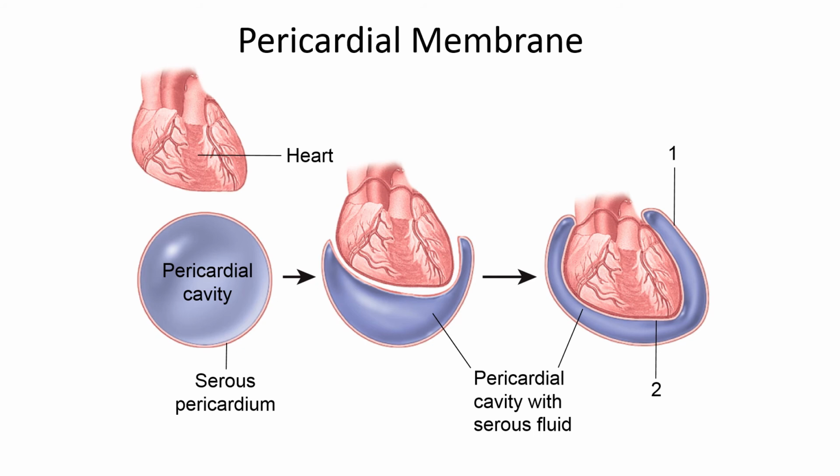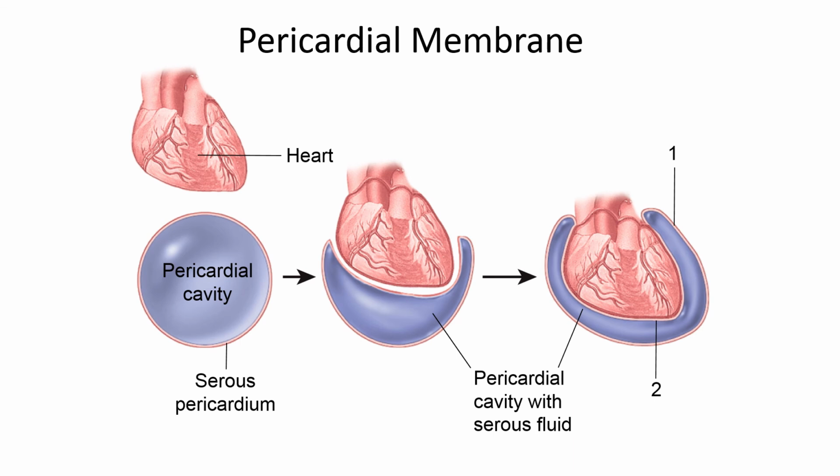You find these serous membranes around all kinds of organs that move. Your lungs are moving back and forth, so you have a pleural membrane around them. You have your peritoneal membrane around your organs in your abdominal cavity, your intestines especially, because those are always moving around and moving food through your digestive system.